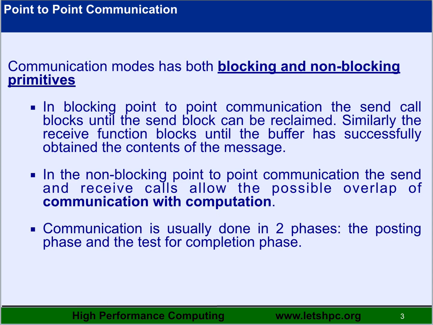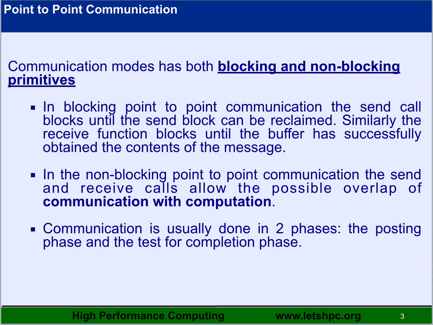In blocking point to point communication, the send call blocks until the send buffer can be reclaimed. What we mean is that the send call is blocked until we guarantee that this send operation has been done successfully. Similarly, the receive function blocks until the buffer has successfully obtained the contents of the message.